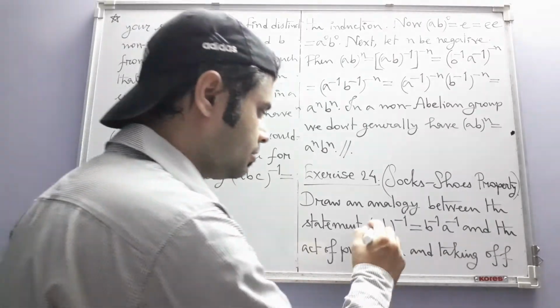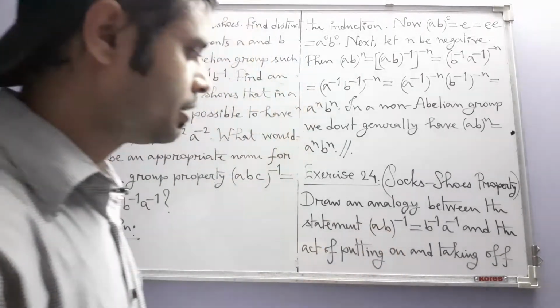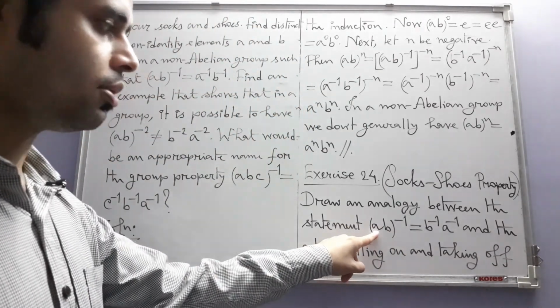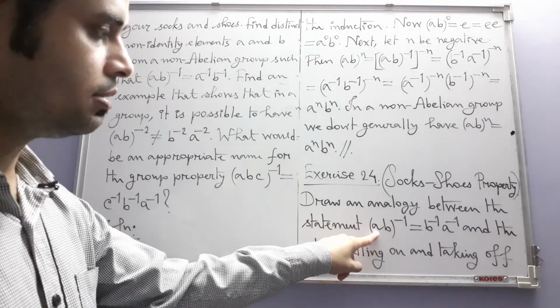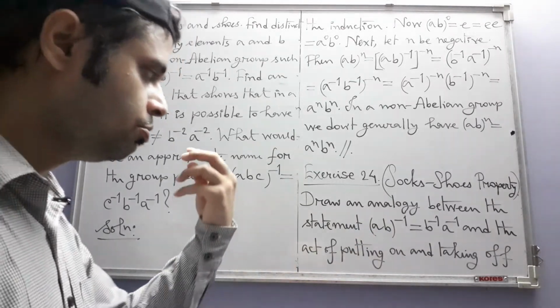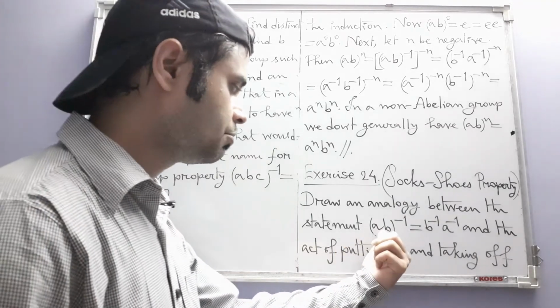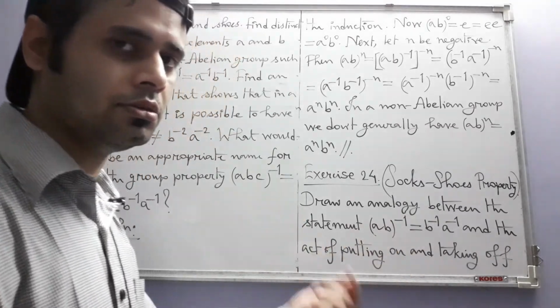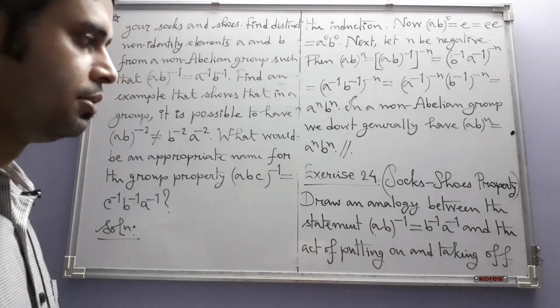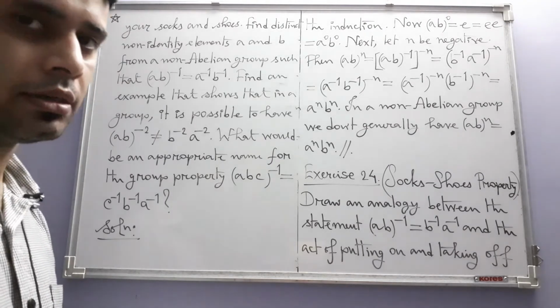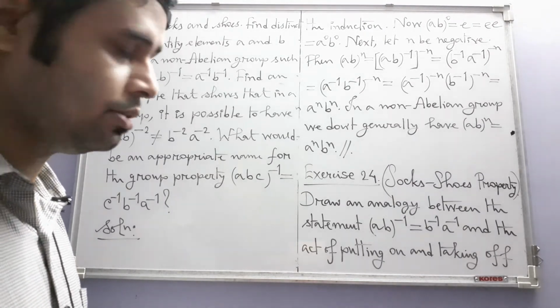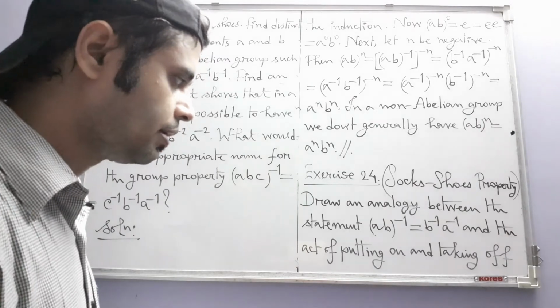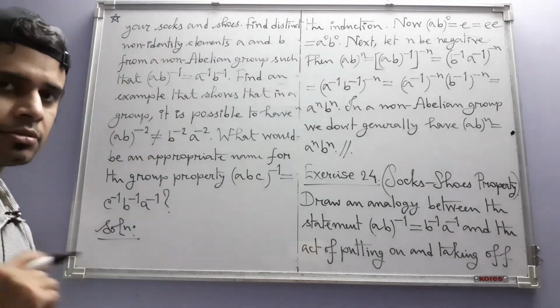So it makes sense to put on socks first, that is do A first, and then put on shoes, that is do B after that. You can also do it in the reverse order, but that's not what we do generally, unless something is wrong with us.